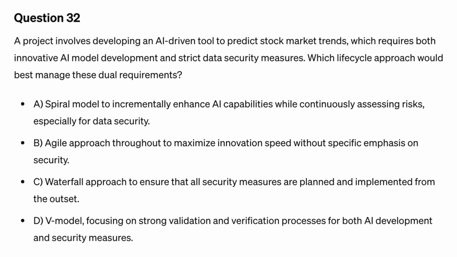B. Agile approach throughout to maximize innovation speed without specific emphasis on security. C. Waterfall approach to ensure that all security measures are planned and implemented from the outset. D. V model, focusing on strong validation and verification processes for both AI development and security measures.